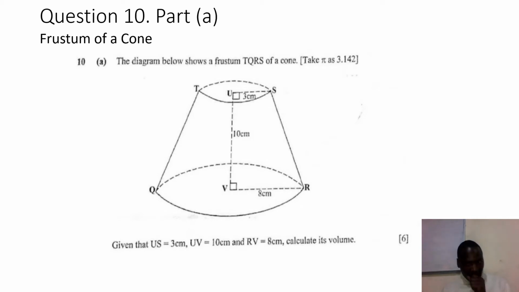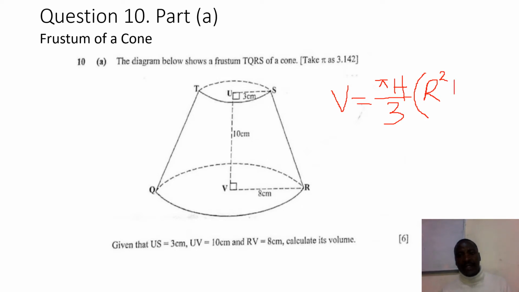In this case, we realize that the volume of a frustum can be found using the formula V equals pi multiplied by height over 3, open bracket, radius of the base squared plus radius of the base multiplied by radius of the top part plus radius of the top face squared, close bracket.